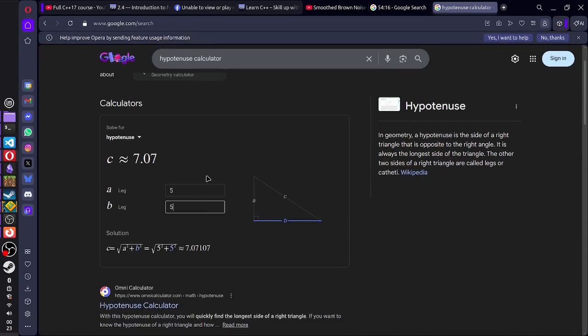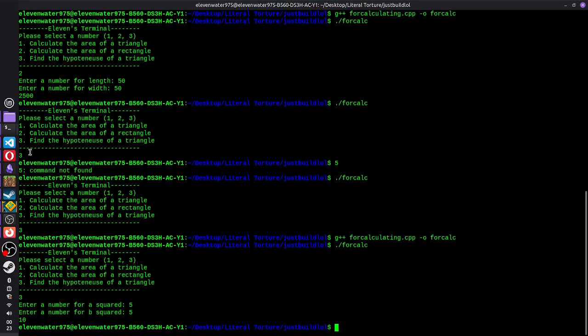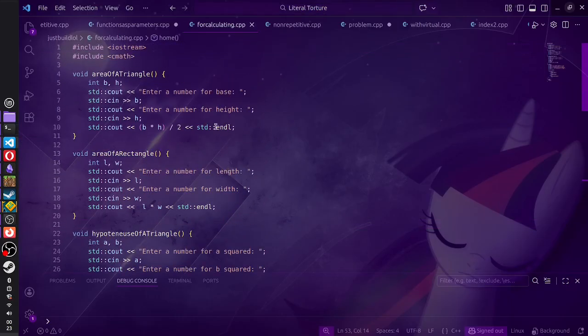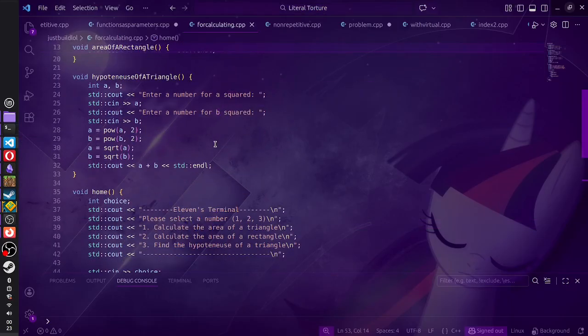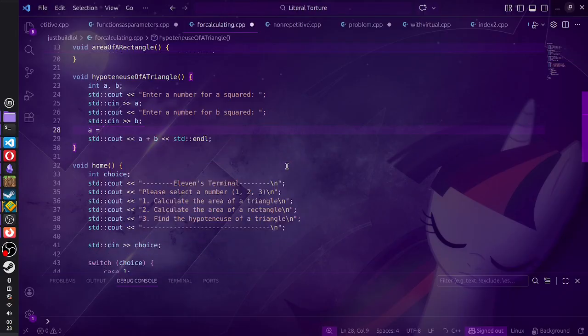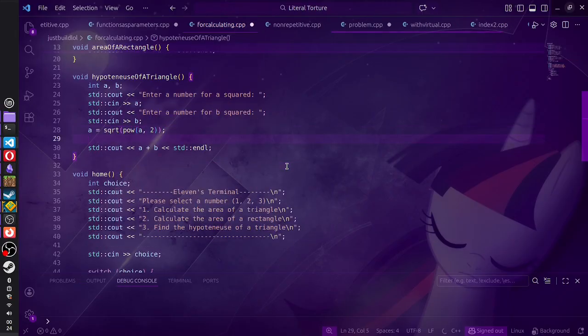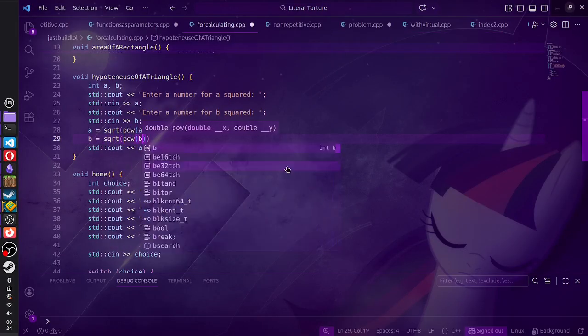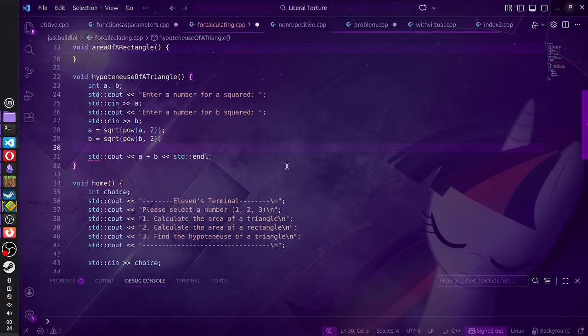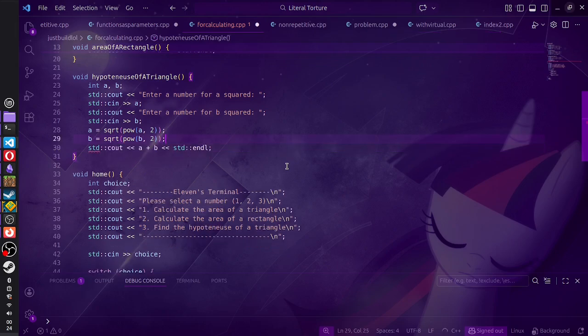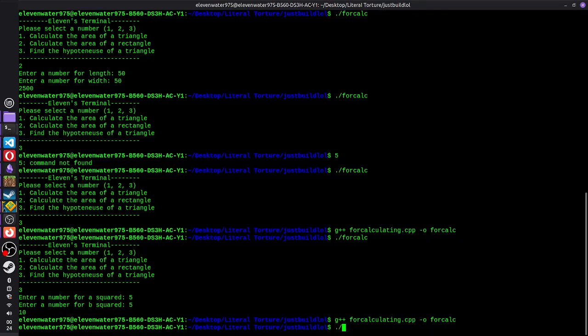No, we're actually way wrong on how square root of a equals square root of the power of a squared. A plus b, this has to work, shouldn't it?